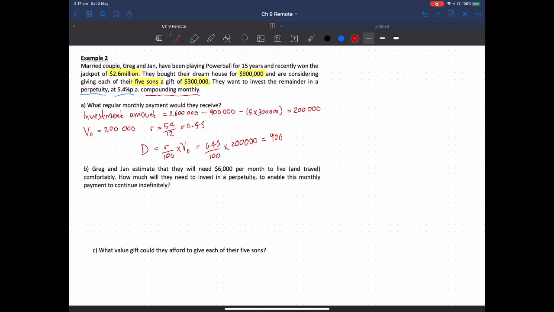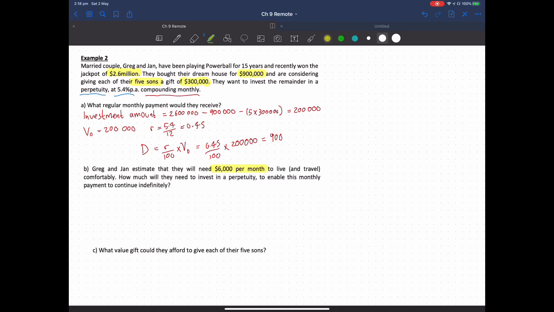Part B says, Greg and Jan estimate they need $6,000 per month to live and travel comfortably. How much will they need to invest in a perpetuity to enable this monthly payment to continue indefinitely?